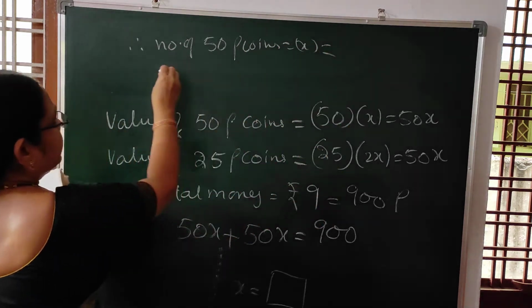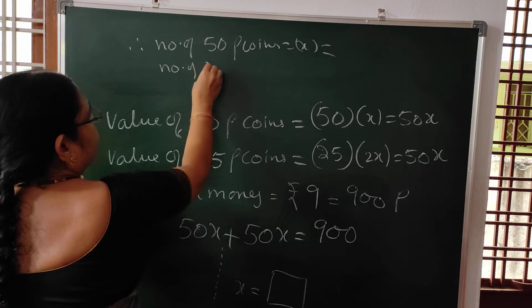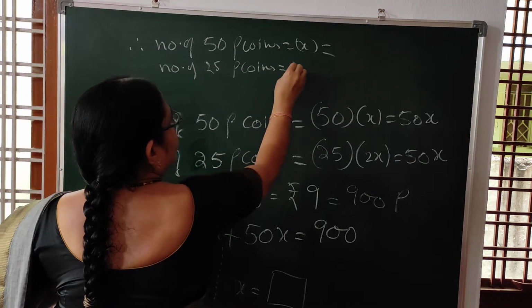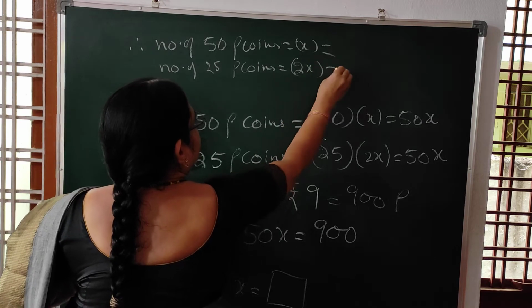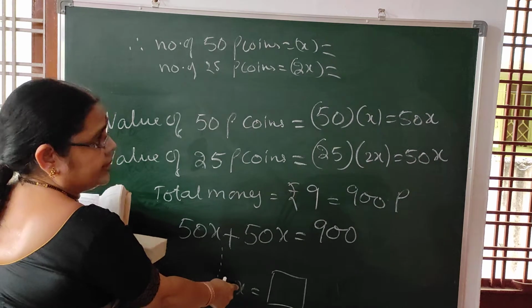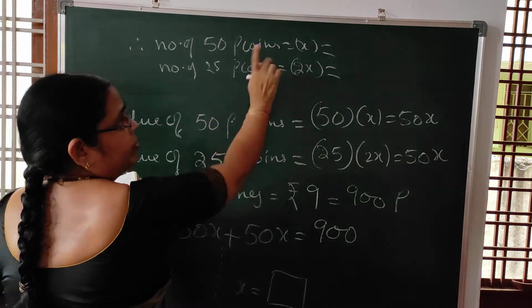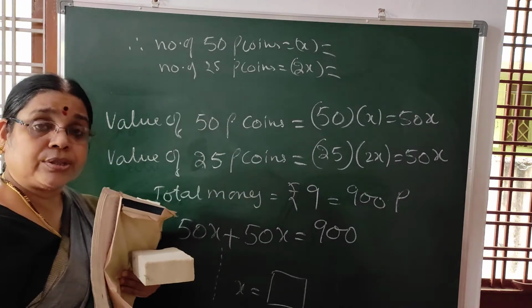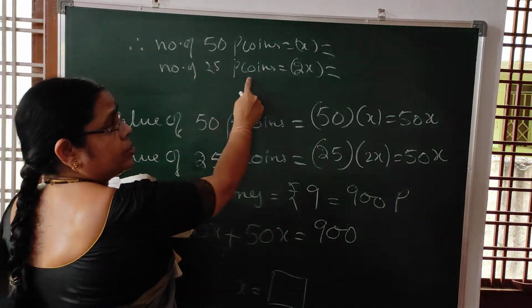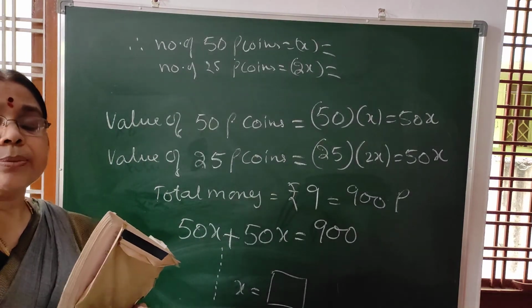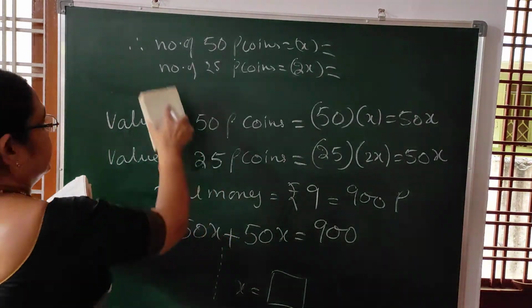Next, the number of 25 paise coins is 2x. When you solve the equation you get x, which gives the number of 50 paise coins, and 2 into that number gives the number of 25 paise coins.